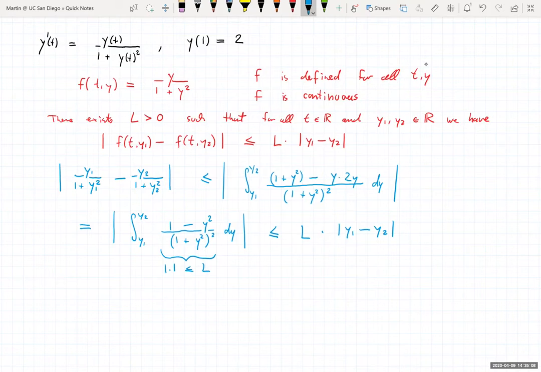In fact, if you want to compute this maximum value explicitly, you can use tools from calculus to find the critical points of this integrand. And then you can find that L is in fact equal to 1. But that's more of a bonus here in this context.